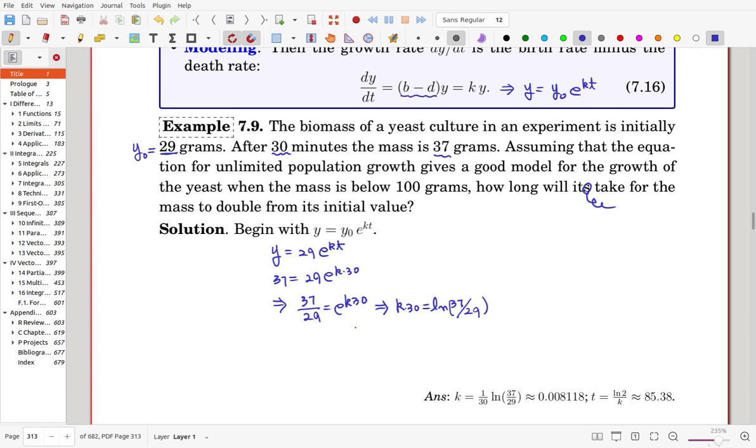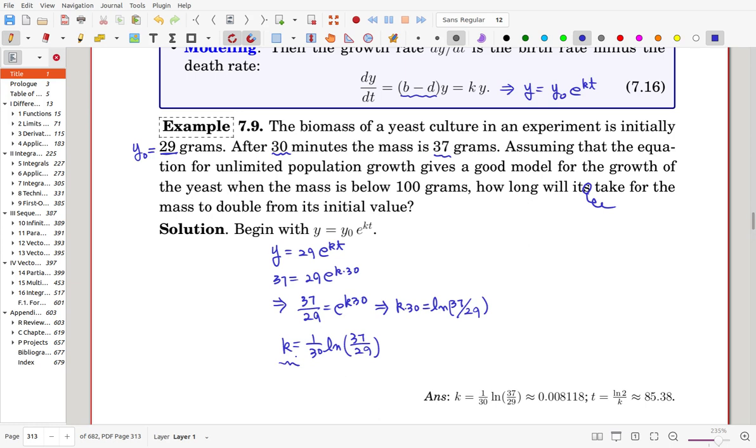So k is the same as 1 over 30 times the natural logarithm of 37 over 29. We found k.